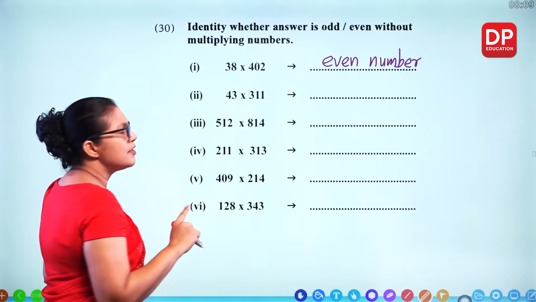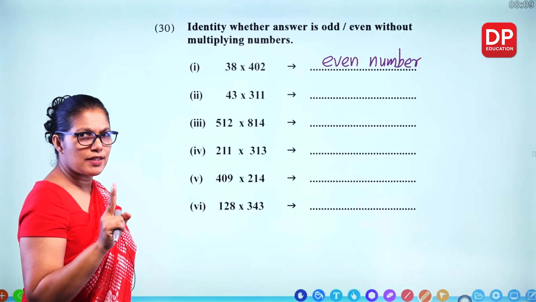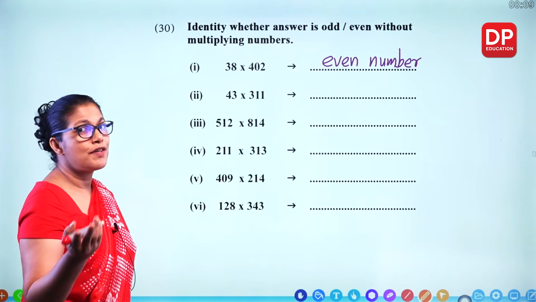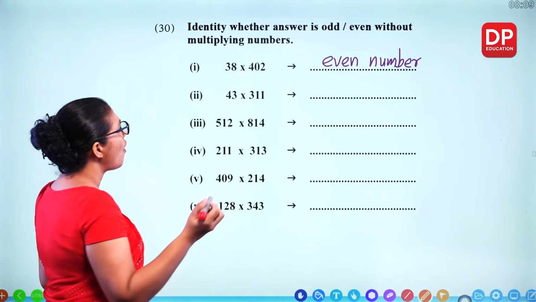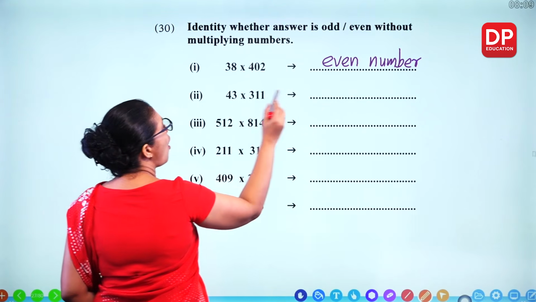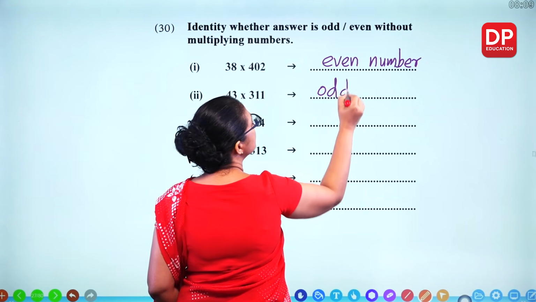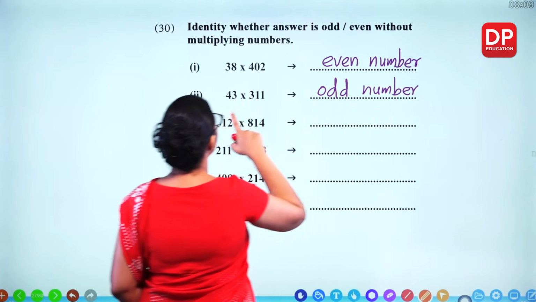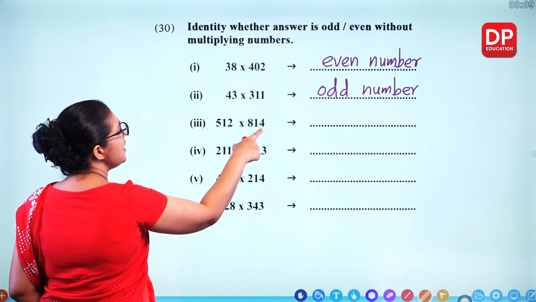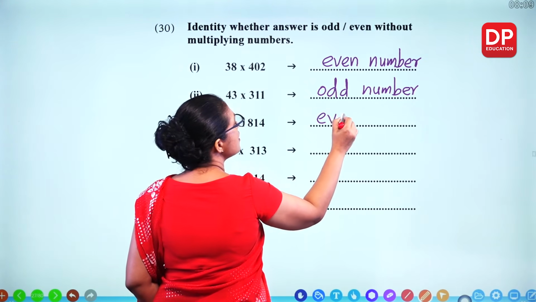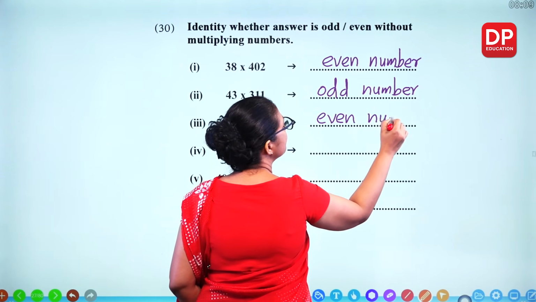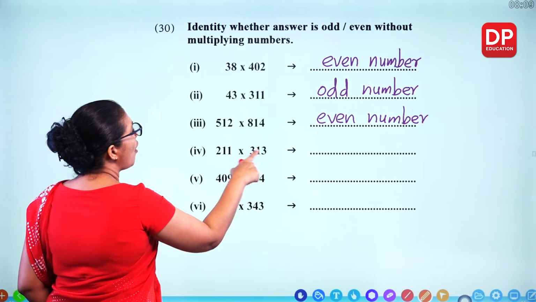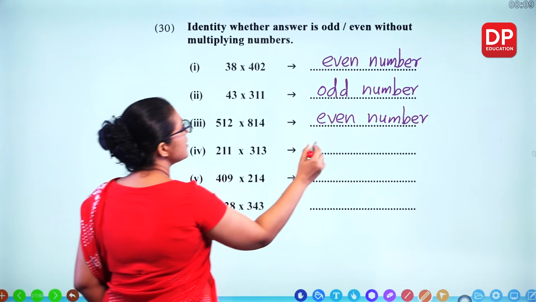Odd numbers multiplication, what you get? 5 and 3, 5 times 3, 15. You got odd numbers. So odd and odd numbers. This is even. Even multiplication, you get even number. Odd and odd, you get odd number.